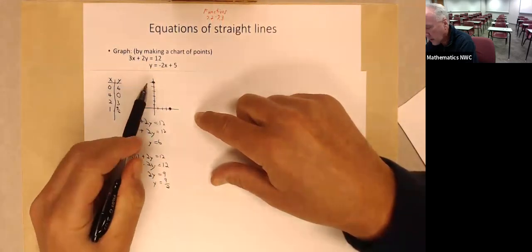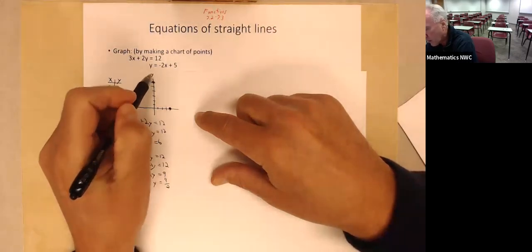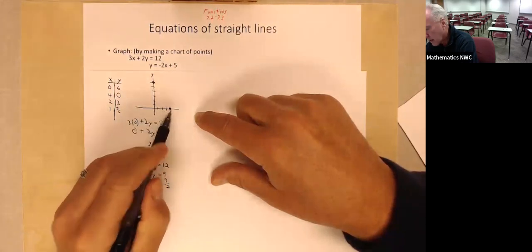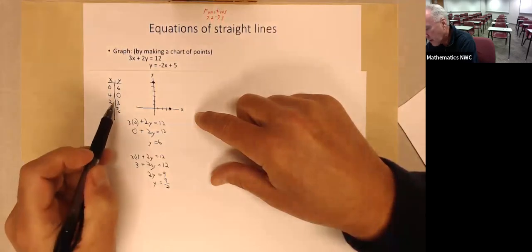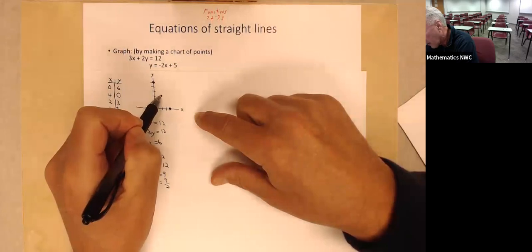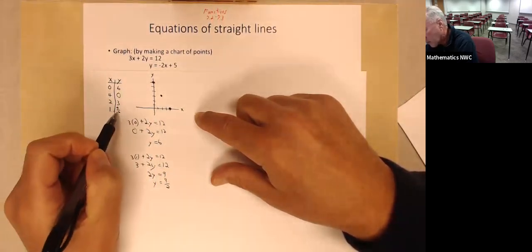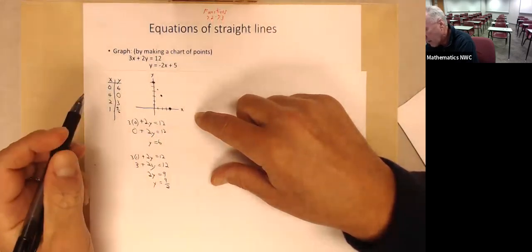Those two are typically called the intercepts, this one being the y-intercept where it crosses the y-axis. This point is known as the x-intercept where it crosses the x-axis. 2, 3 is going to be approximately right about there. And 1, 9 halves, that's 1, 4 1/2, would be right about there.